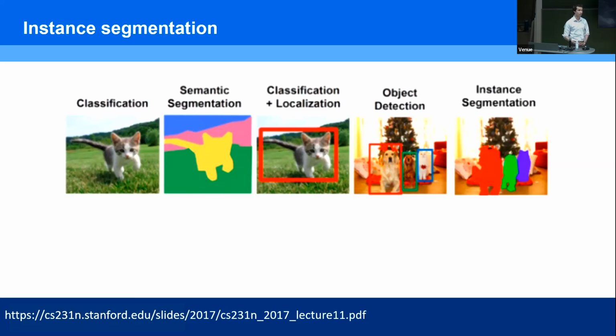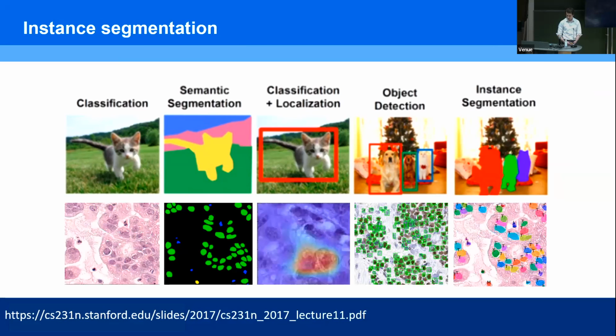And then finally, there's instance segmentation. This is what I think is the most difficult out of all of these tasks, where you not only generate a prediction for each pixel about what class it belongs to, but also what instance of each class it belongs to. And you have very analogous tasks in computational pathology.